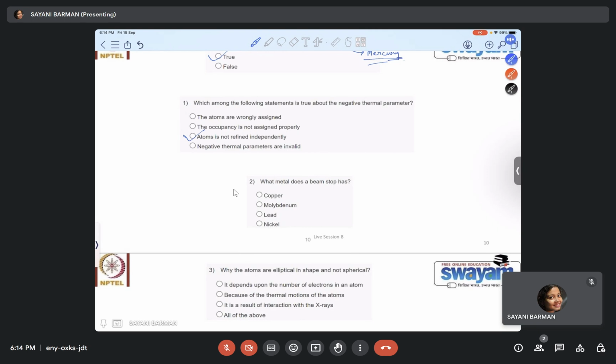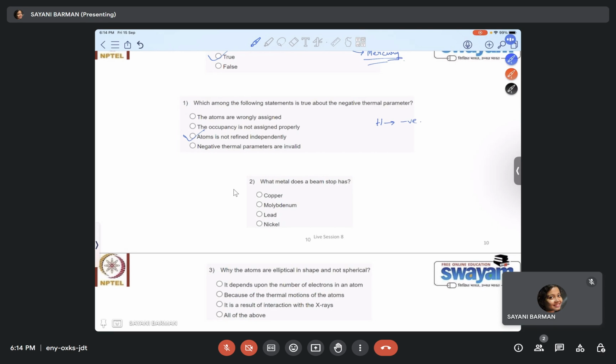So, let's say for each atom it's showing a negative thermal parameter value. Then it means that these specific atoms are not spherical but elongated along specific directions, right?